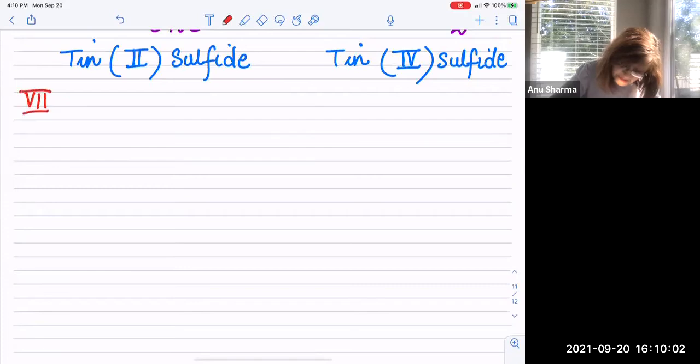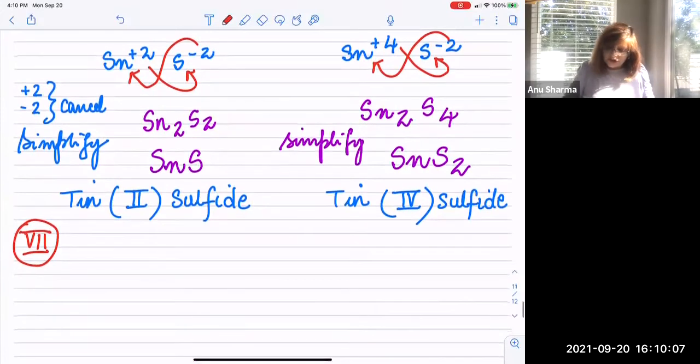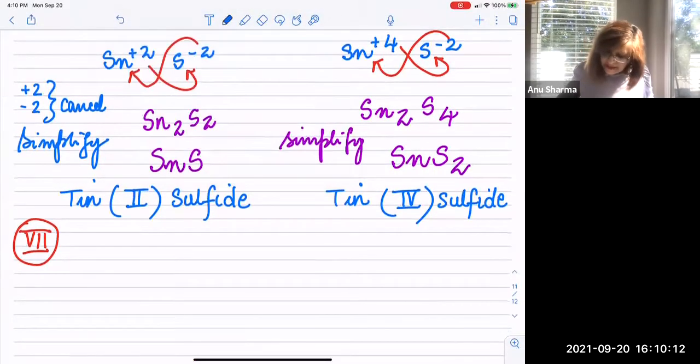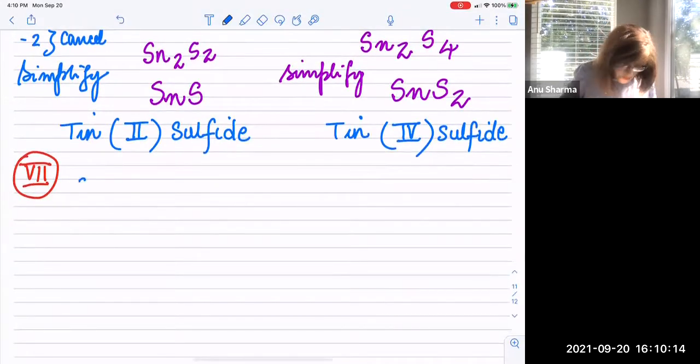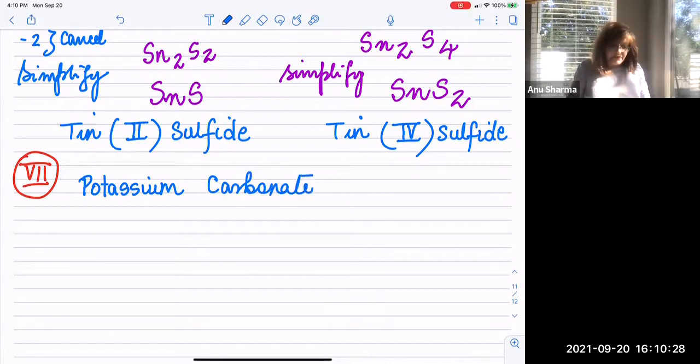Next is, let's do it with the polyatomic ions. With polyatomic ions, the name remains as it is. For example, sodium, or let's do another one, potassium carbonate. For the potassium carbonate, you are going to always check. Let me write this in red.